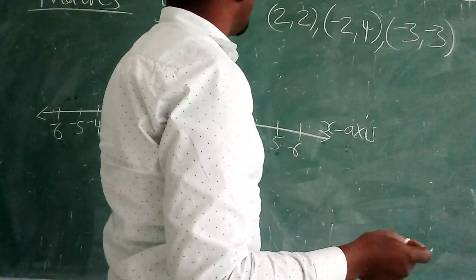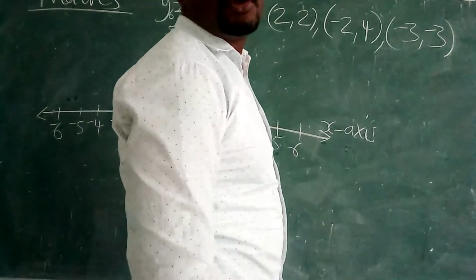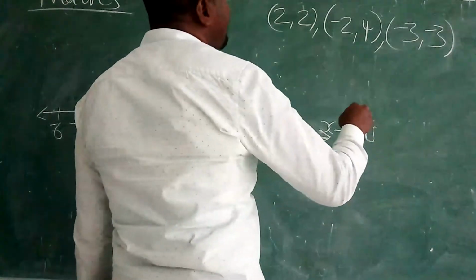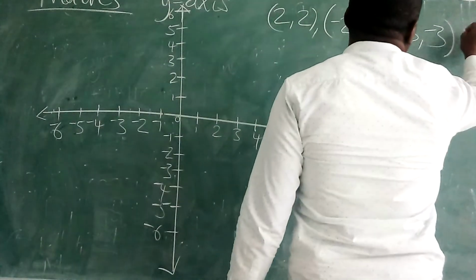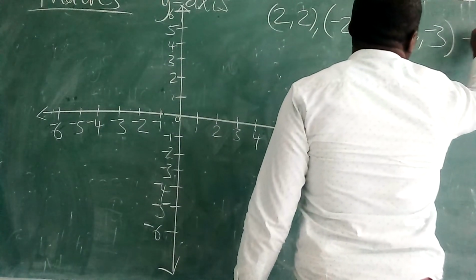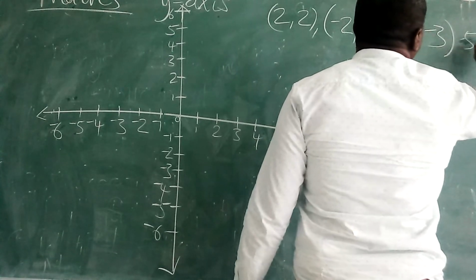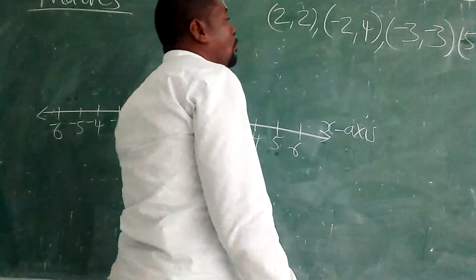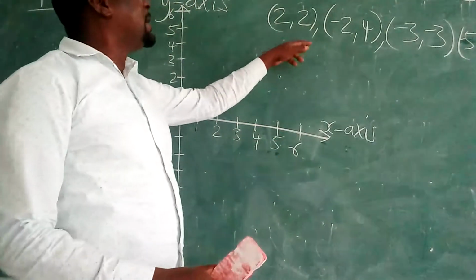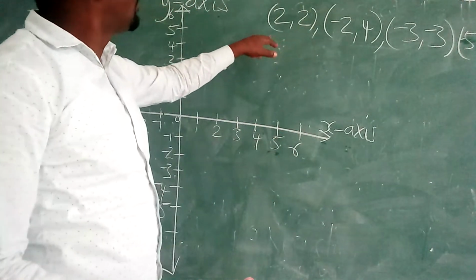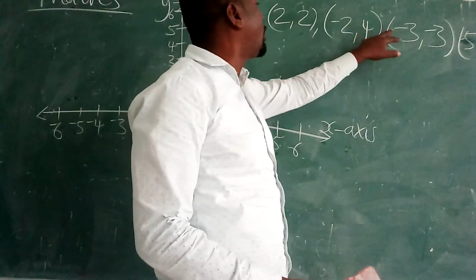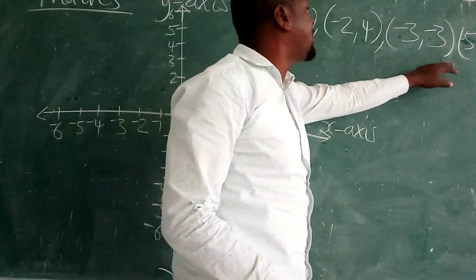Then let's take the last one to be 5, negative 4.